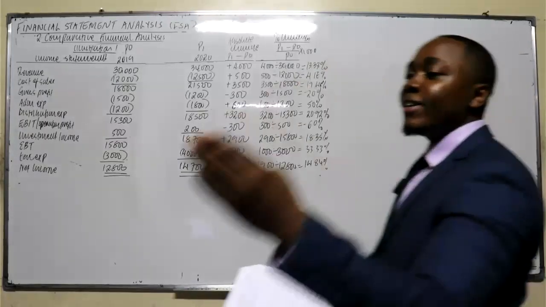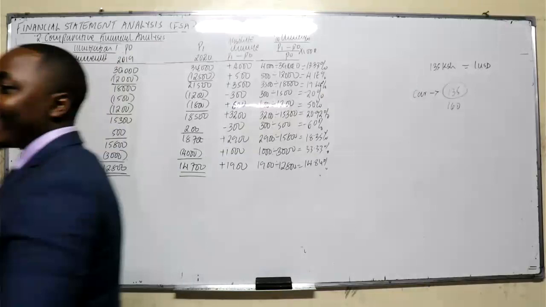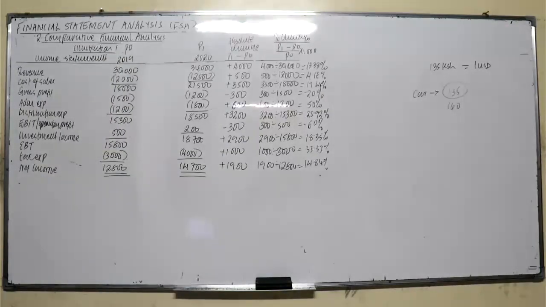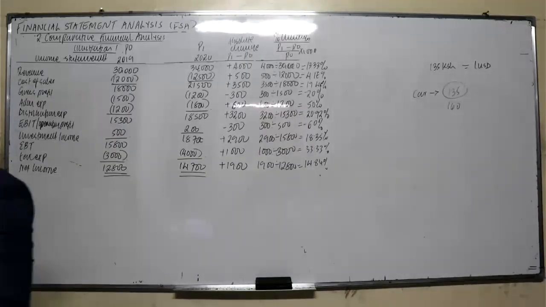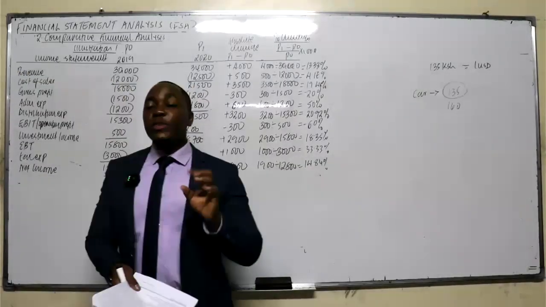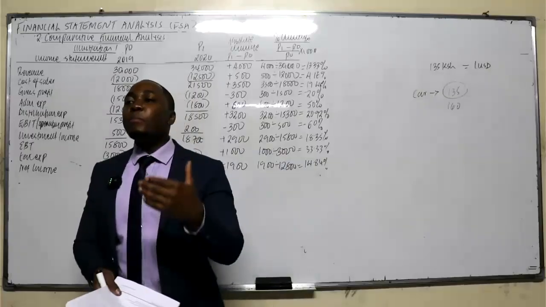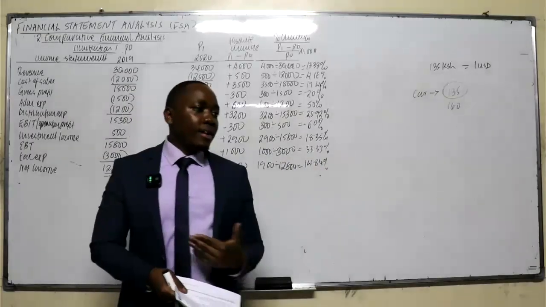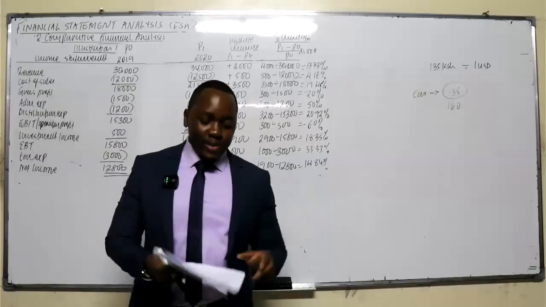Valuation ratios determine the value of the company, such as MPS, EPS, dividend per share, dividend payout ratio. Turnover or efficiency ratios are used to determine how the company utilizes its assets, the level of asset utilization.